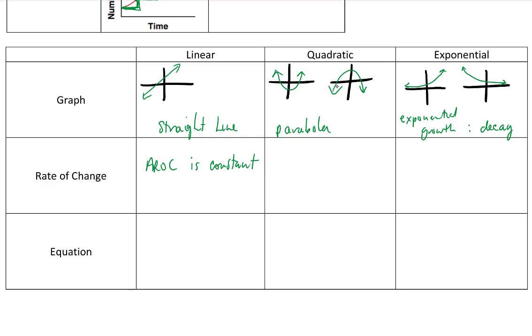For a quadratic, the average rate of change is either increasing or decreasing by a constant value. And finally, for exponential, the AROC, or average rate of change, is increasing or decreasing by a constant factor.